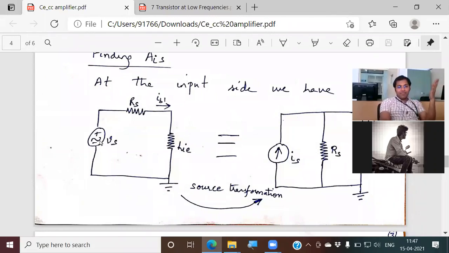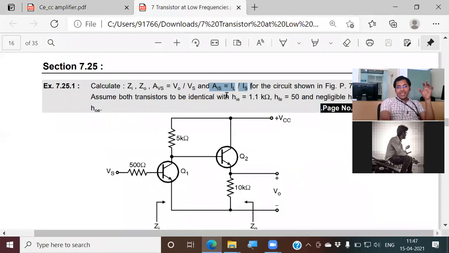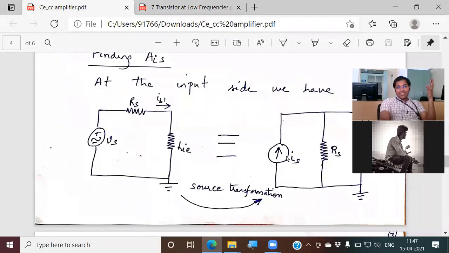Is will become Vs by Rs. But here we are not writing Vs by Rs, because the question is asking for AIS, the output current by Is. So this Is I am leaving as it is.